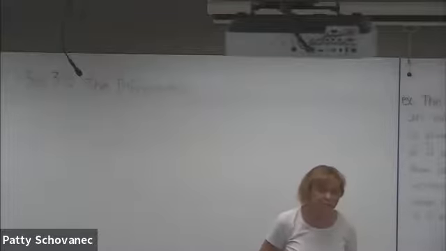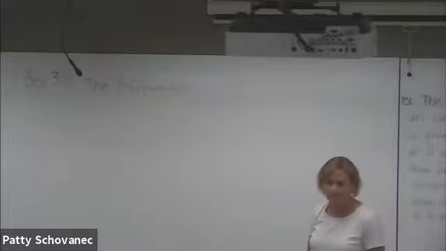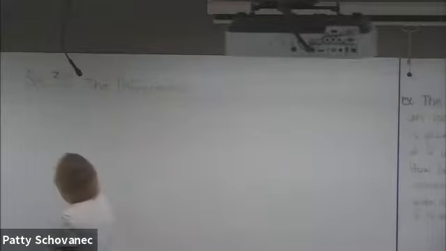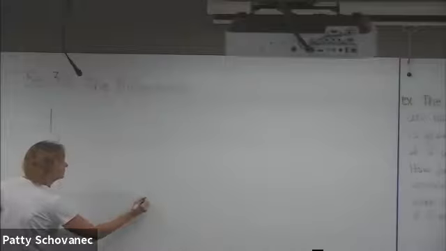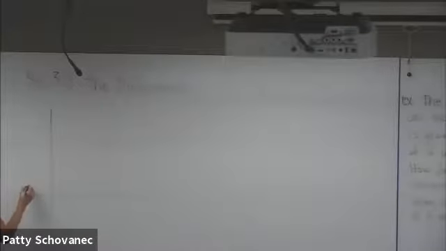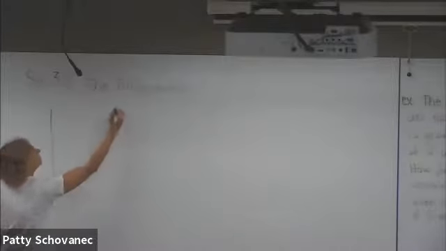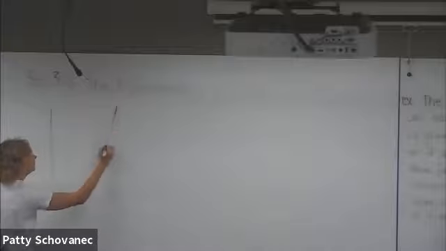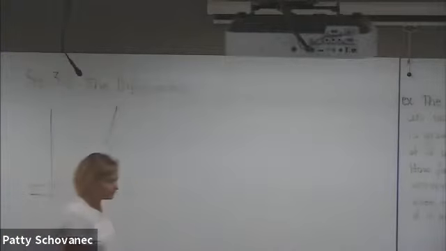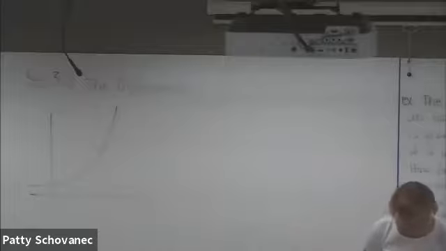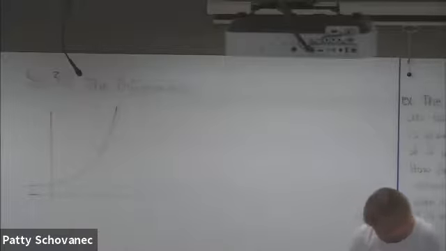Actually, the differential is just part of the derivative. Let's look at a picture and I can point to it. I'm going to put a function on this graph. Where'd that blue mark go? Bag of markers somewhere.